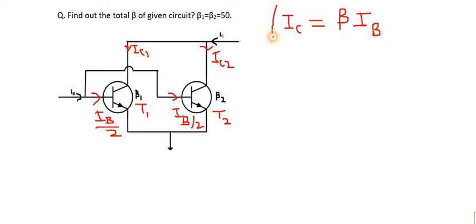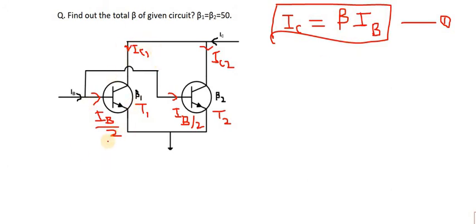If you have any doubt regarding this relationship, you can write in the comment section, and I will give you the complete derivation of this equation. By following this relationship, I can write the relationship between IC and IB of the T1 transistor and T2 transistor.